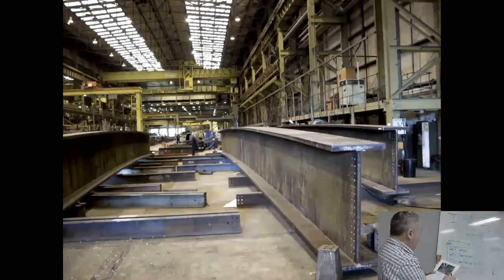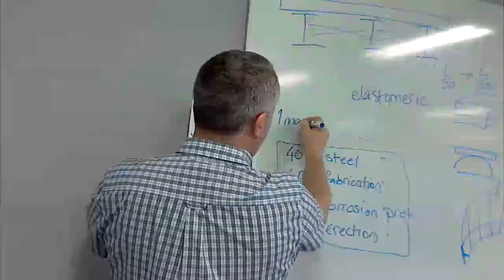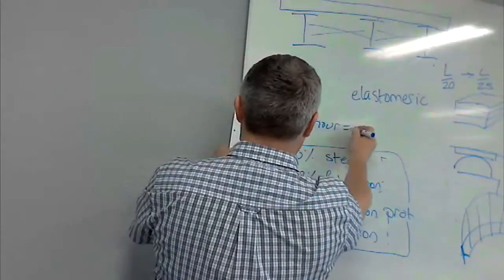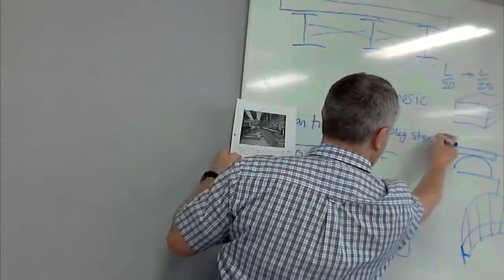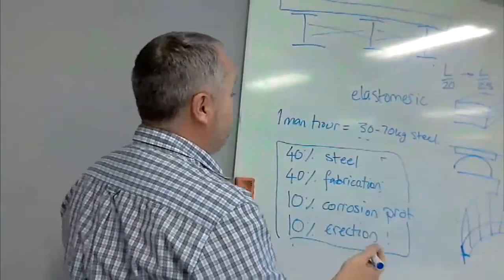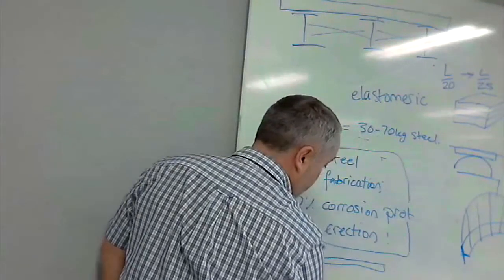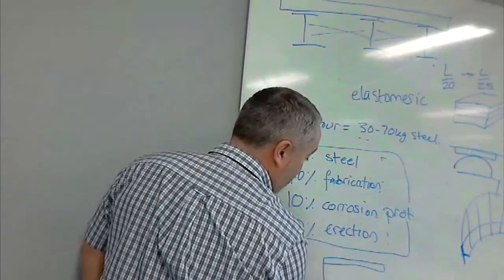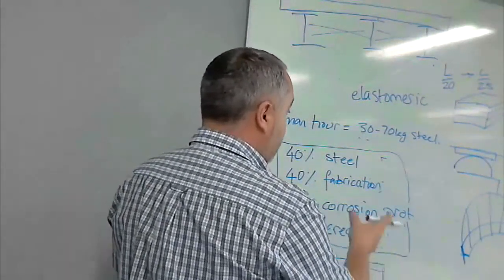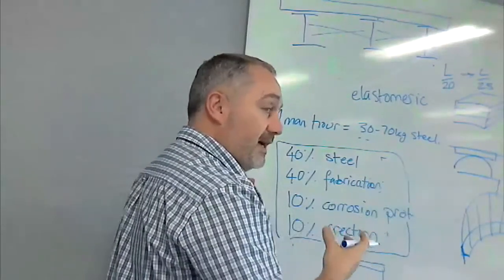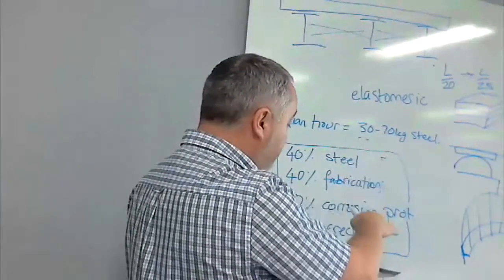What you'll find is that one man hour equals the price of like 30 to 70 kilograms of steel. You'll put in a design, and your beam might be so thick in terms of the flanges and the web itself, and Cleveland will take your design and possibly propose a thicker section, or the depth might change slightly.